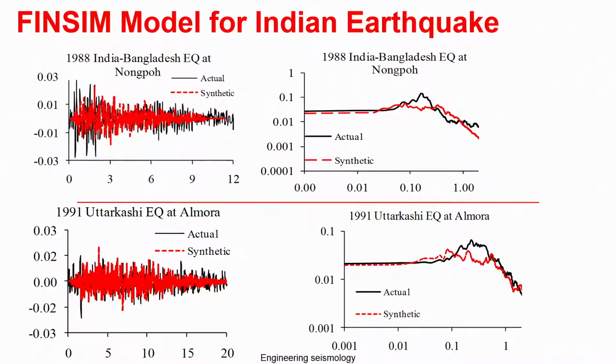This is the 1988 India-Bangladesh earthquake, where you can see the black one is the recorded data and the red one is the synthetically simulated data by us. You can see how well it matches.